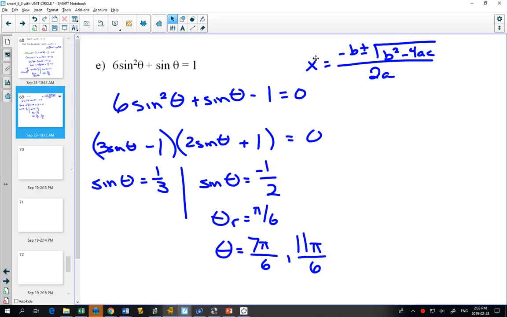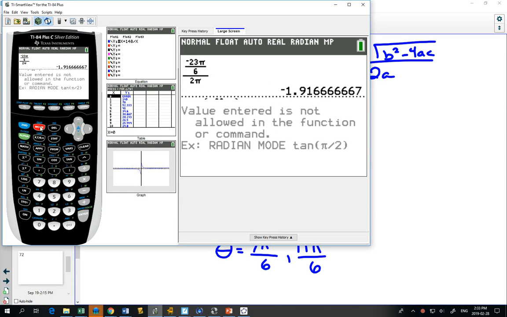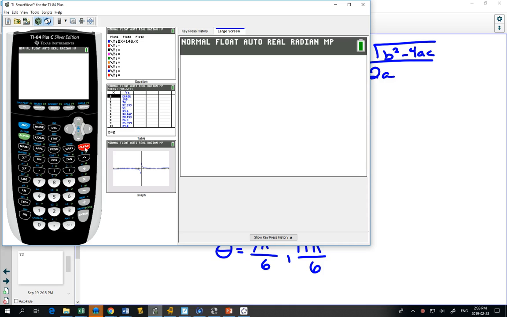For 1/3, it's not on your unit circle, so you have to go back and do it the same way that you would solve it back in grade 10 and 11 using your calculator. So you take out your calculator, and I'm already in radians.